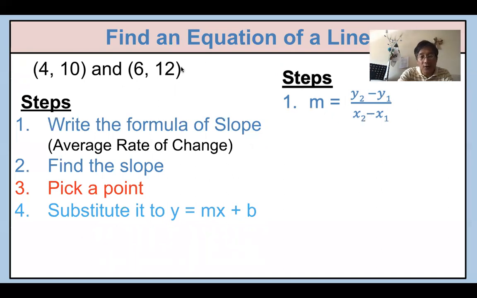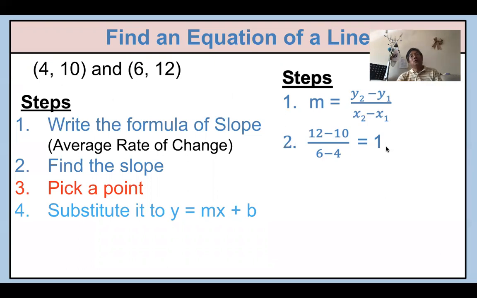This is the second point, x2, 6 minus 4, right? By using the slope formula, you write it down. Then you get the slope this way. So the slope is 12 minus 10 over 6 minus 4, which is equal to 1.